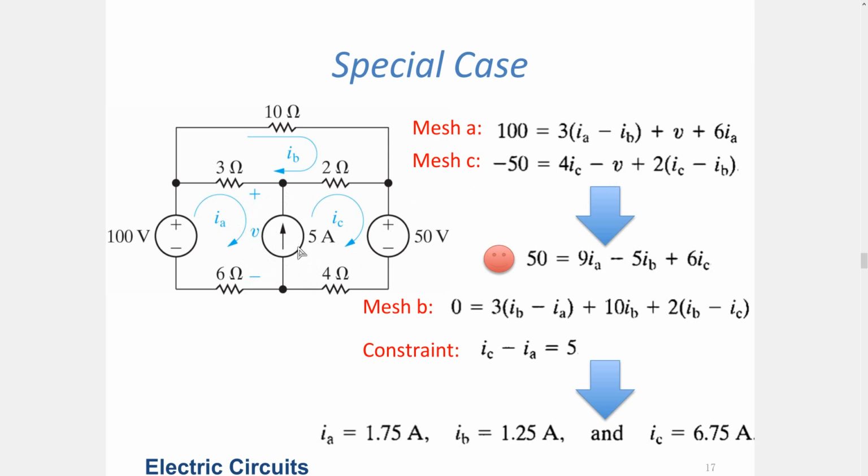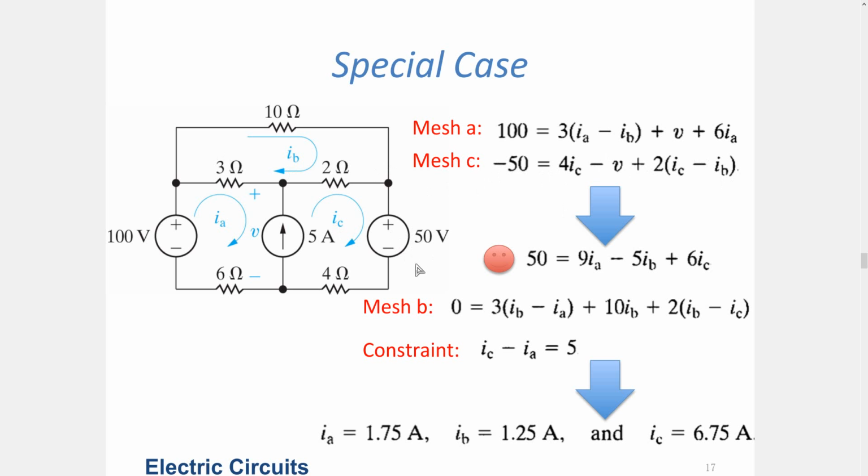So minus V, and plus 2 times IC minus IB. Here I'm assuming that IC is greater than IB, okay, should be equal to 0. Now in this case I can move 50 to the other side, so it will be a minus 50, and the rest can be written like this.